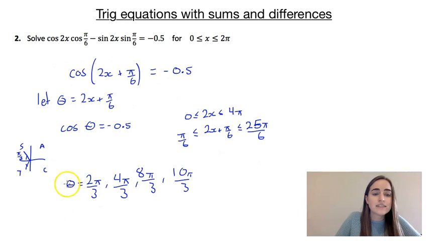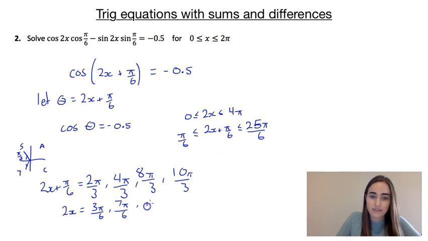Now that means that instead of theta equals all of this, we know that theta is 2x plus pi on 6. So if we subtract pi on 6 from all of those, we're going to end up with 2x equals 3 pi on 6, 7 pi on 6, 15 pi on 6, and 19 pi on 6. And then we need to go through and divide them all by 2.